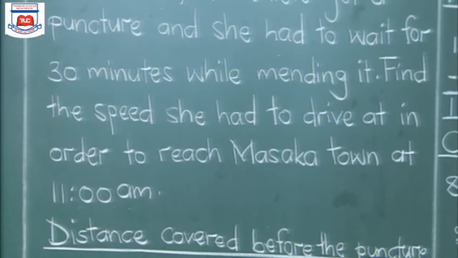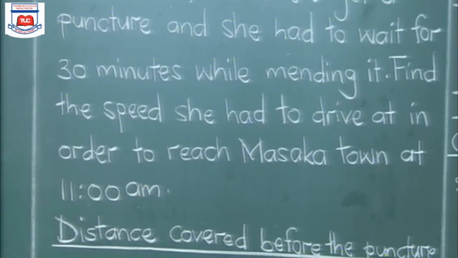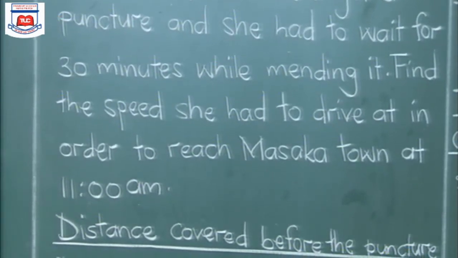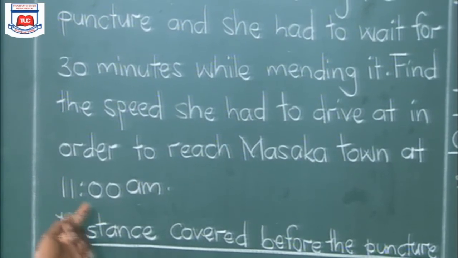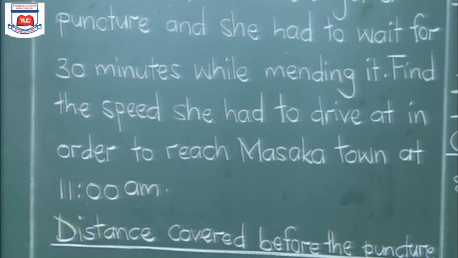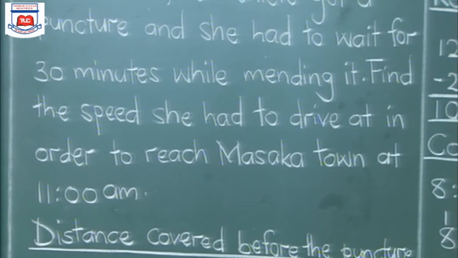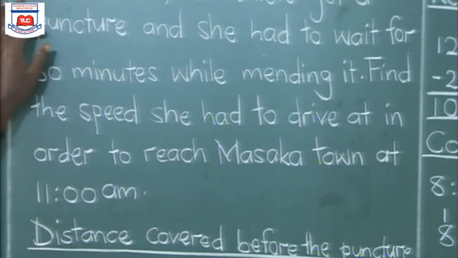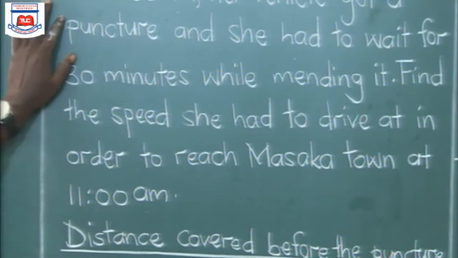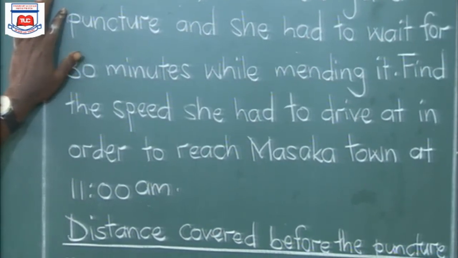Now, this question creates some responsibility within a person. This person has got an appointment at Masaka at 11 a.m. But you know, you cannot make an appointment with problems. On the way, there was a problem of a puncture. Good enough, it was mended as soon as possible, that is in 30 minutes.